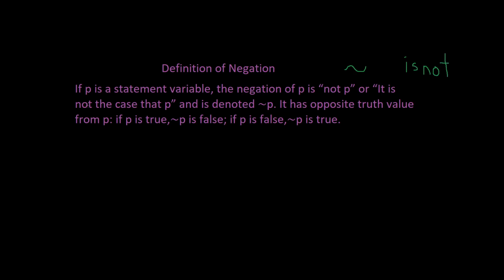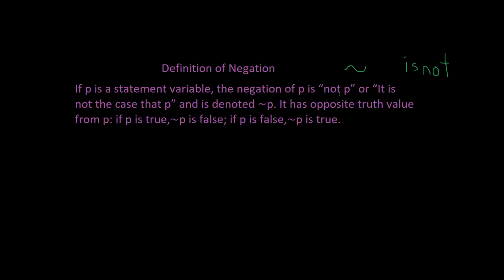Now we're going to learn the formal definition of negation. And it says, if P is a statement variable, the negation of P is not P, or it is not the case that P, and is denoted is not P. It has the opposite truth value from P. If P is true, is not P is false. If P is false, is not P is true.